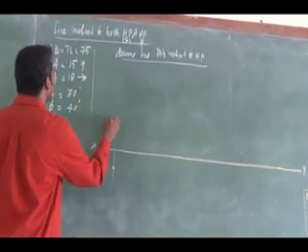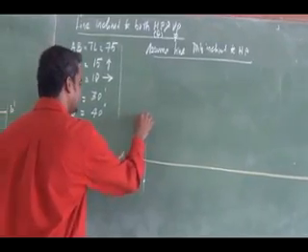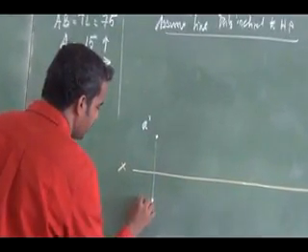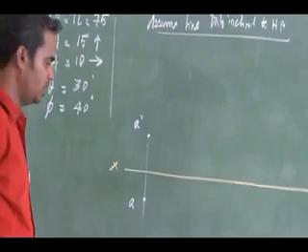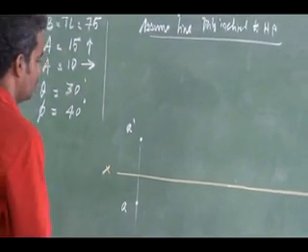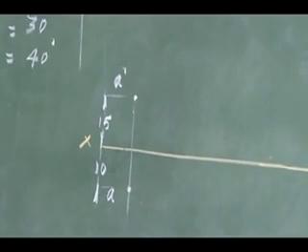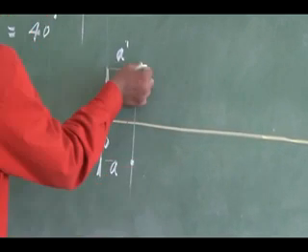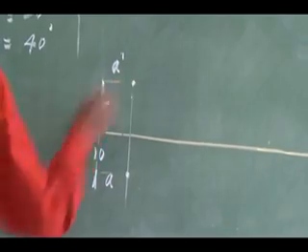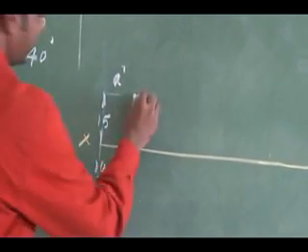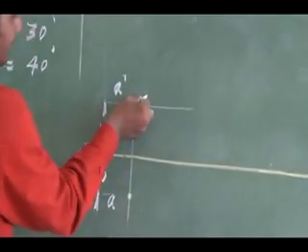So this is my A dash, and this is my A. Since I am assuming the line is only inclined to HP, I can draw a 30-degree line.